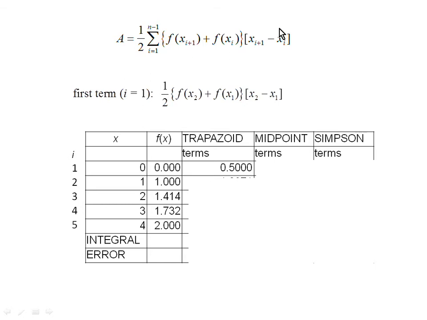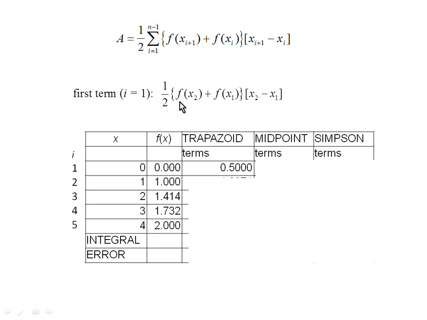Here's the composite method for the trapezoid. We're going to calculate it term by term and put those individual terms here. So the first term is I equals 1. Substituting I equals 1 here, we get this formula.